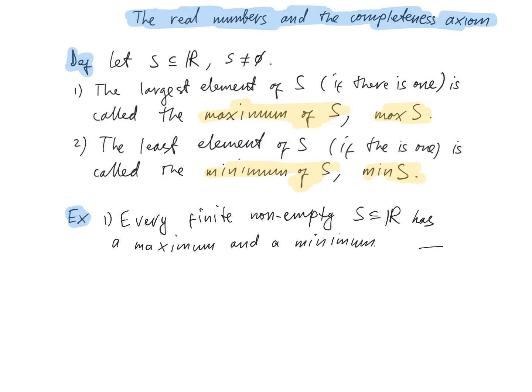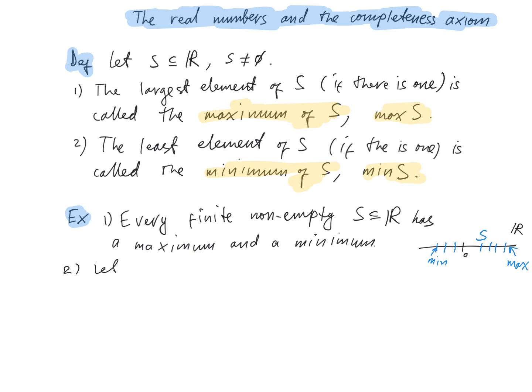So if we present this on the real line, we have 0 and an arbitrary finite set of elements S, then the minimum corresponds to the leftmost element and the maximum corresponds to the rightmost element of this finite set.